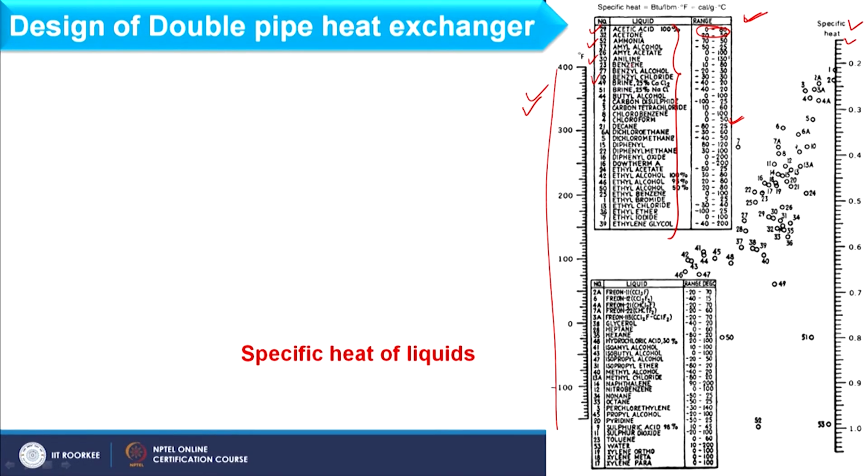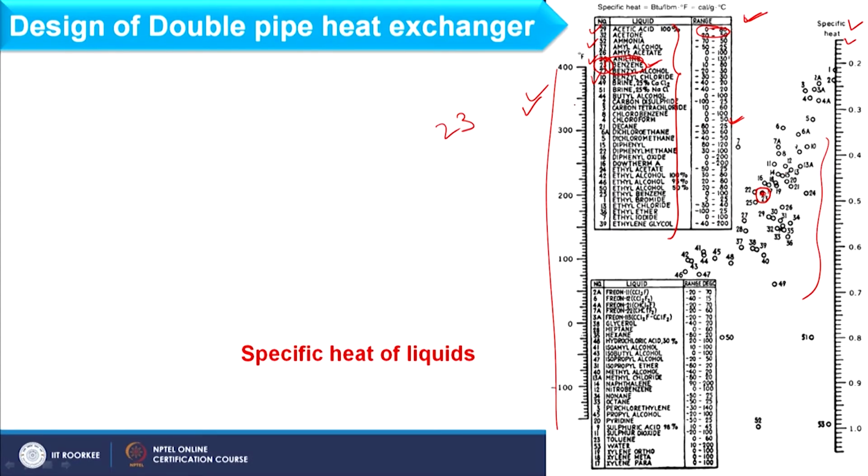So, let us say again I am considering the example of benzene. The number corresponding to benzene is 23, if you can see over here. That 23 you have to locate from this bunch. So, where is 23? Here I have 23. This is the circle of benzene.